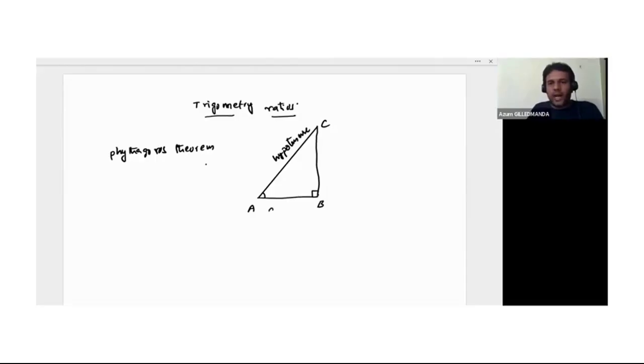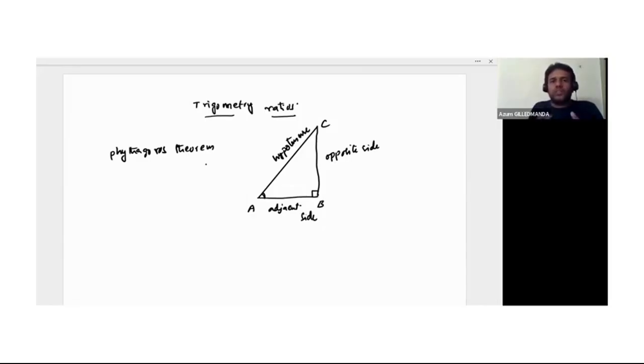This is the hypotenuse. And this side is the adjacent side to A. And this is the opposite side to A. For the vertex A, this side BC is the opposite side, and AB is the adjacent side. And the side which is opposite to the right angle, that means vertex B, that is your hypotenuse.